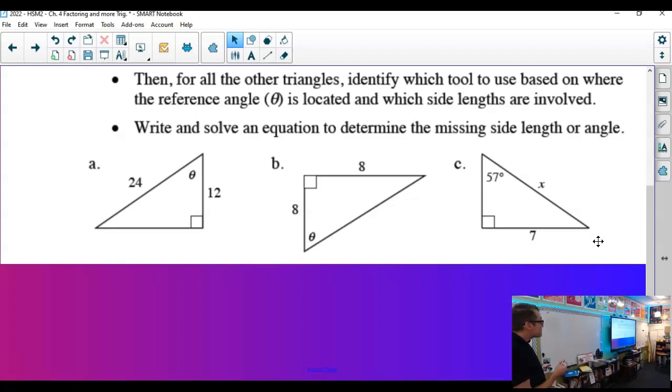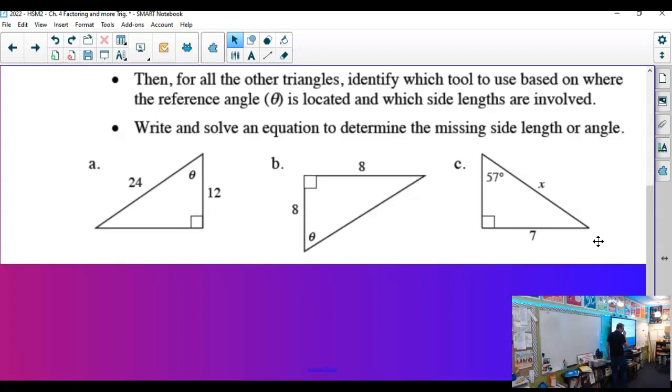No, A is a special right triangle because it's a 30, 60, 90. Remember, one of those relationships is when the hypotenuse is double the short leg. So then what would the long leg be here? Because if theta is 60, that means the long leg, do you remember what we said?